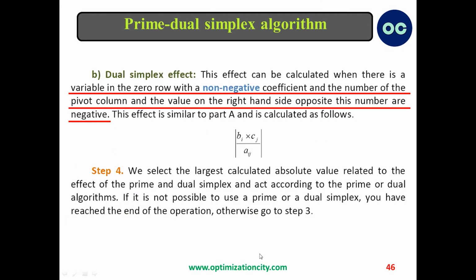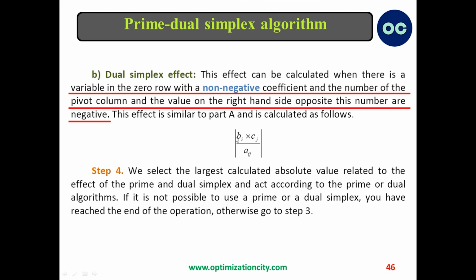There is another effect, called the dual simplex effect. When there is a variable in row 0 with a non-negative coefficient and the pivot column number and the number on the right-hand side opposite that number are negative, we calculate the dual simplex effect like this.